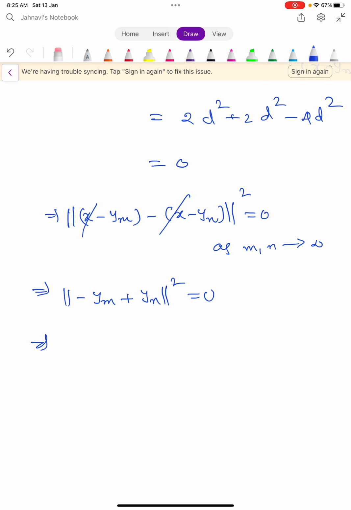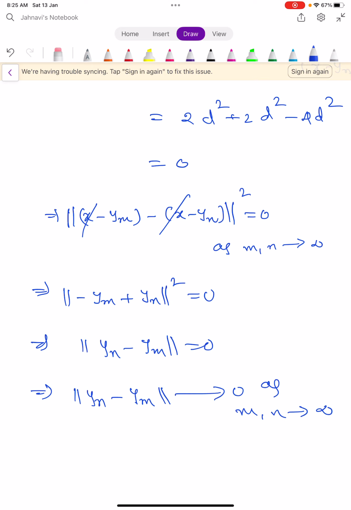Which implies norm yn minus ym is equal to 0, which implies norm yn minus ym tends to 0 as m, n tends to infinity.